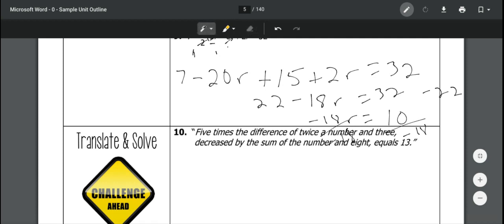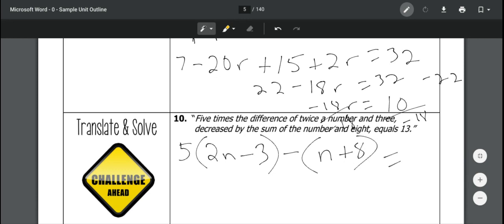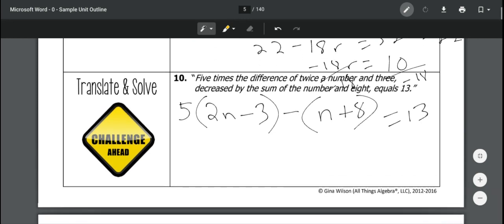Okay, and last one. 5 times the difference of twice a number and 3, decreased by the sum of, so that means parentheses, the number and 8, equals 13.